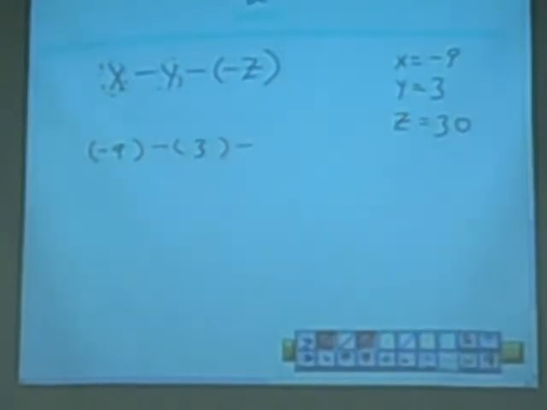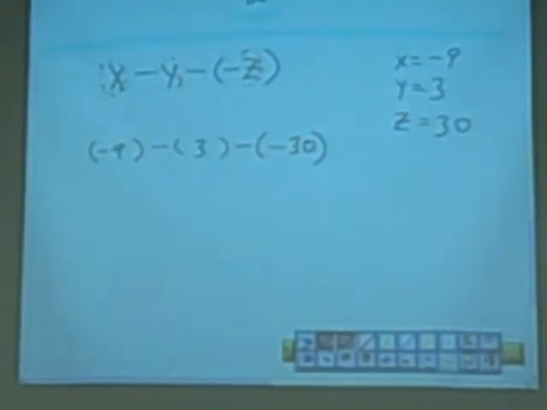And we continue on minus, parentheses, a negative. And now we look at, we're cutting that z out, right? And we're going to look at, all right, what goes in there for z? 30. The 30. Okay?